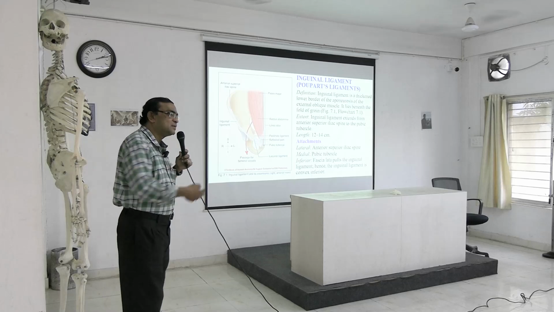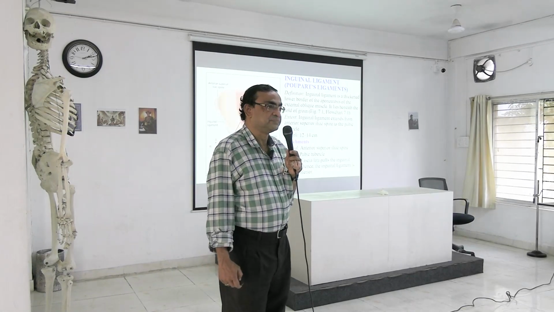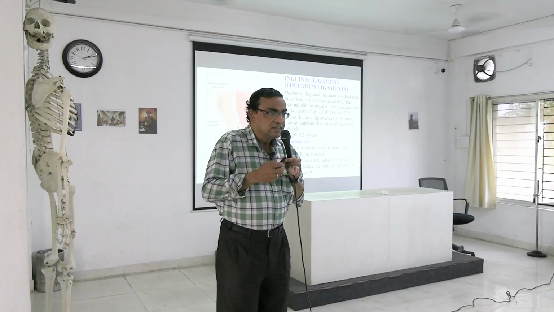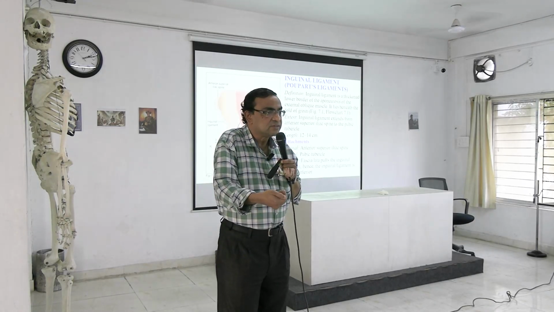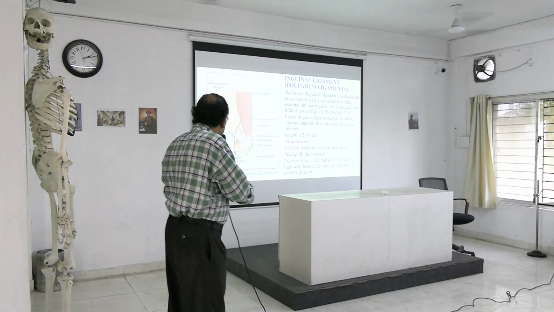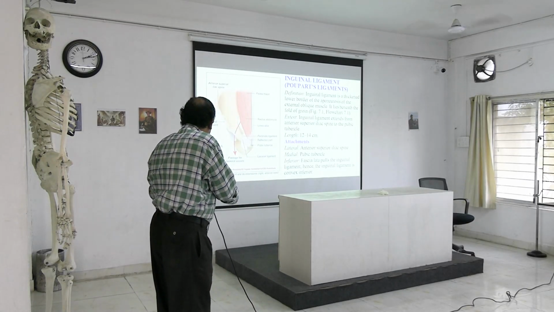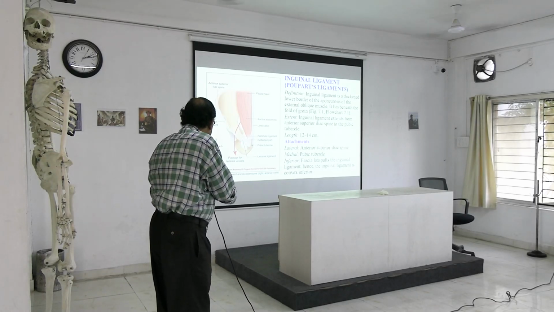It is nothing but part of the external oblique muscle, and that aponeurosis also gets folded upon itself, and ultimately we find a folded region between the bone and the ligament.